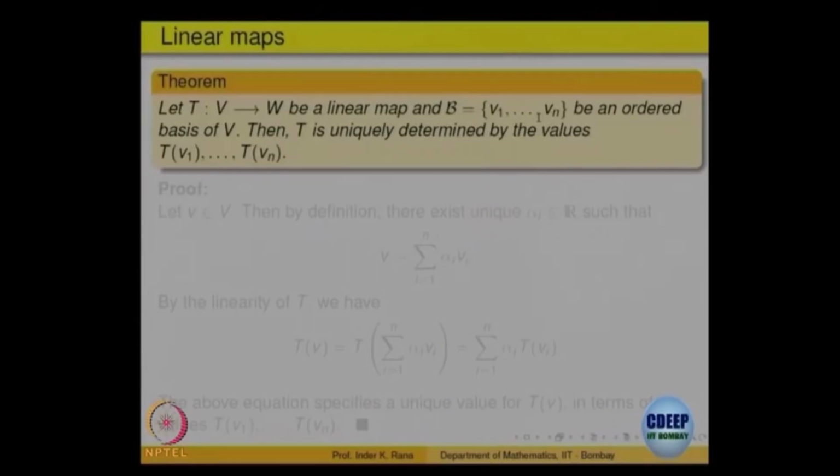Such a thing is called an ordered basis. You take a basis and fix the order in which the vectors in the basis are going to be written. That is called an ordered basis.